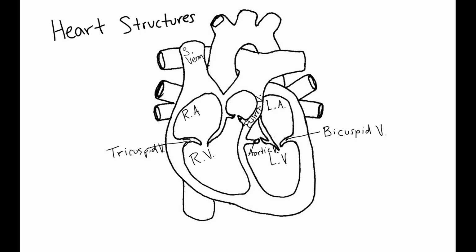Let's see. The next one is going to be this vessel here. It looks like a big T. That is your pulmonary trunk, so I'm once again going to abbreviate it with pulm.